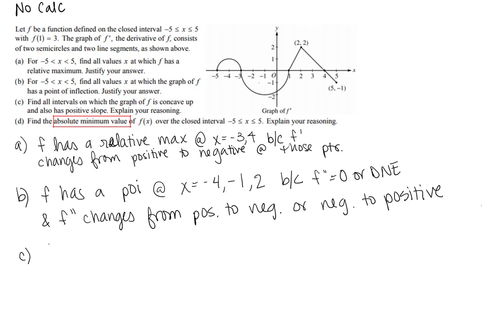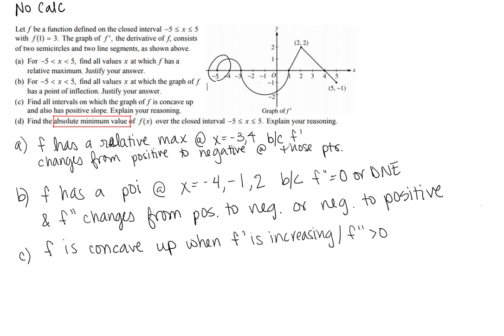So that's happening on a few intervals, and I'm just going to write those down here. That happens from -5 to -4 and from -1 all the way to 2. So -5 to -4, union -1 to 2.